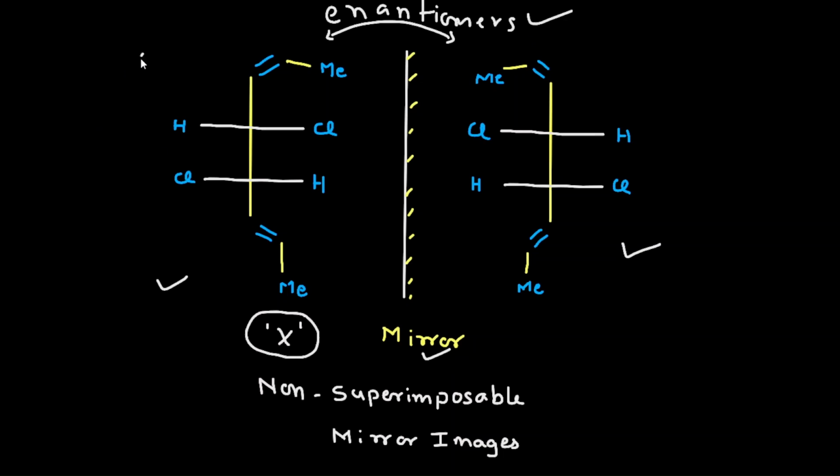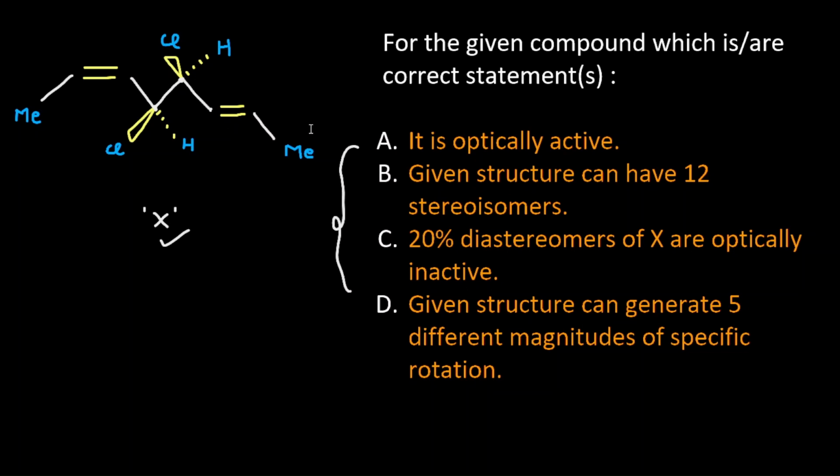Both are independently chiral compounds. If one rotates plane polarized light clockwise, the other will rotate anti-clockwise. So from this discussion, we have come to a very major conclusion that the given compound is optically active in nature.